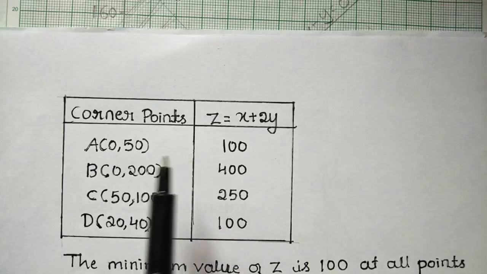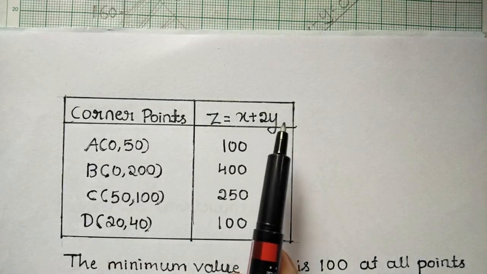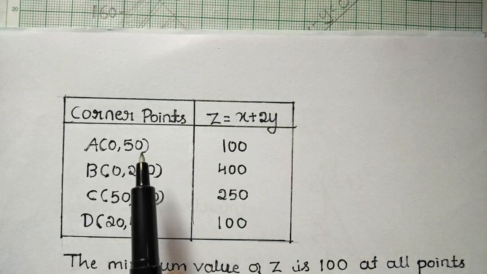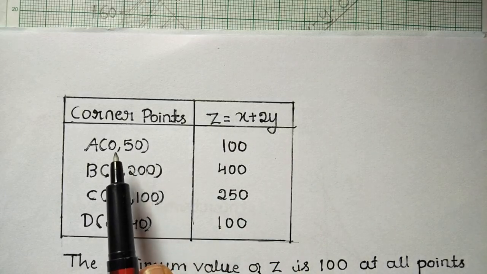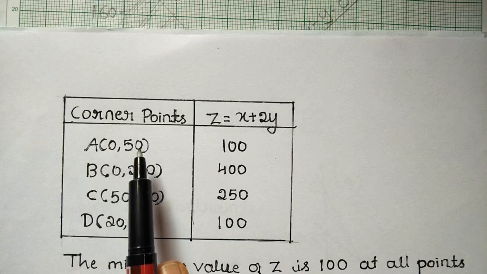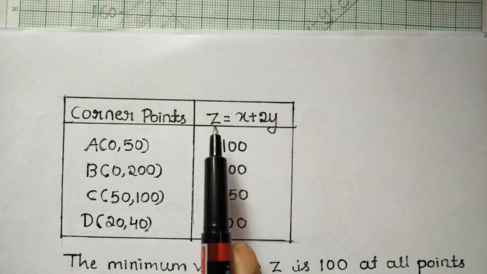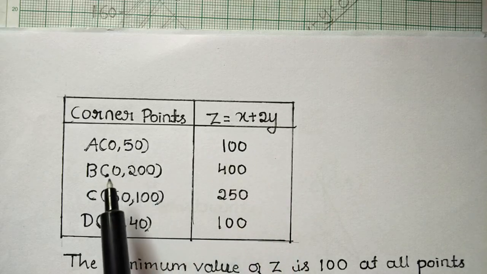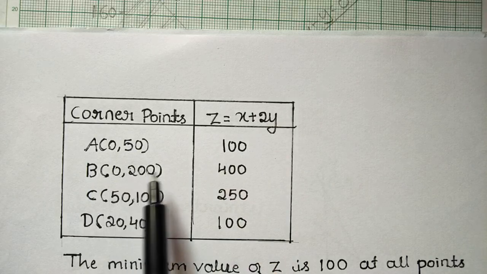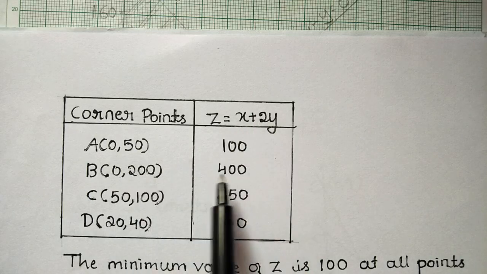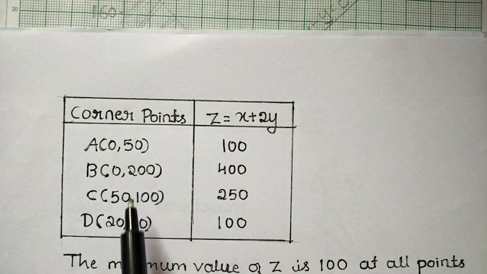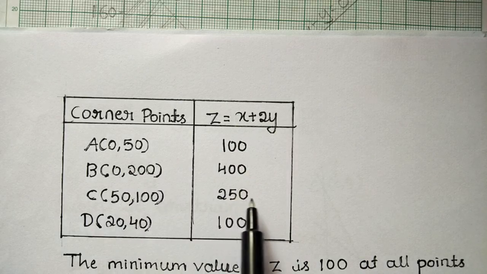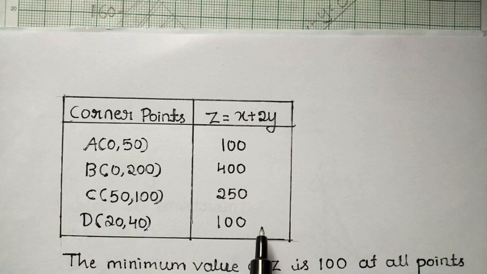I had drawn the table, corner points and the objective function z. So substitute x as 0 and y as 50 in this equation, we get z equal to 100. For x equal to 0 and y equal to 200, we get z as 400. Similarly, for C and D, we get the value of z as 250 and 100 respectively.